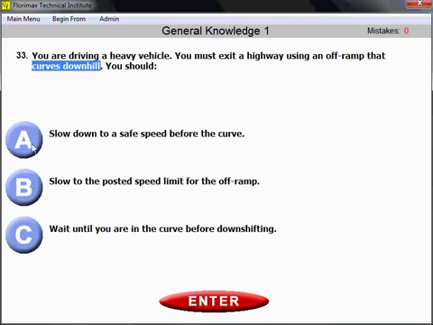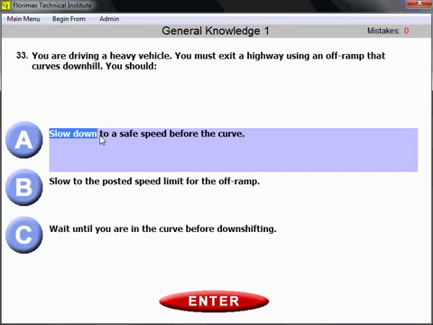So, you need to slow down, but not simply slow down. You need to slow down to a safe speed before the curve. Before the curve. Okay, in advance, you need to slow down to a safe speed. The posted speed limit is not safe enough for you because the vehicle is heavy.